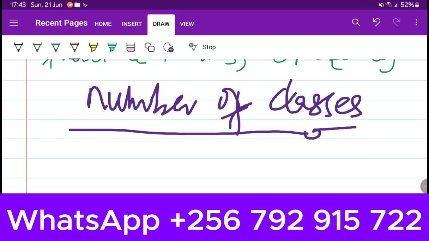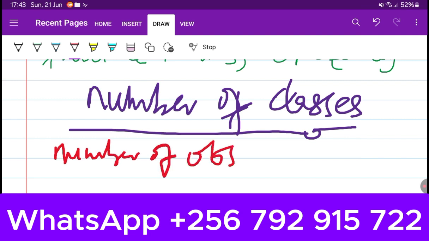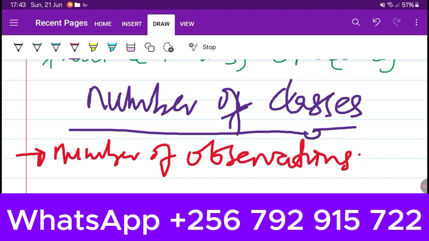Now we first find how many we are having, the number of observations that they have given to us. Sometimes they may give you the observations when they are many. Maybe we call it n, letter n. Those are the number of observations.